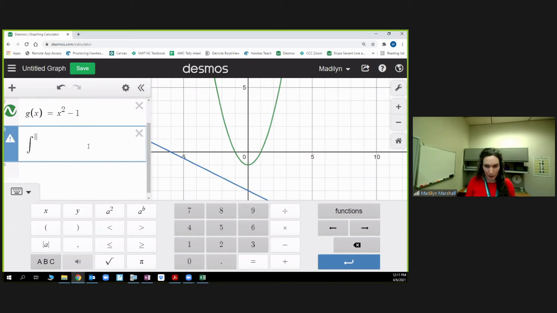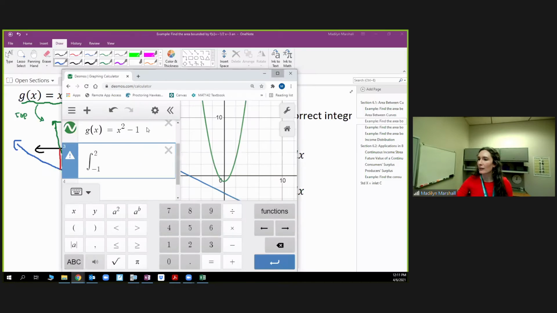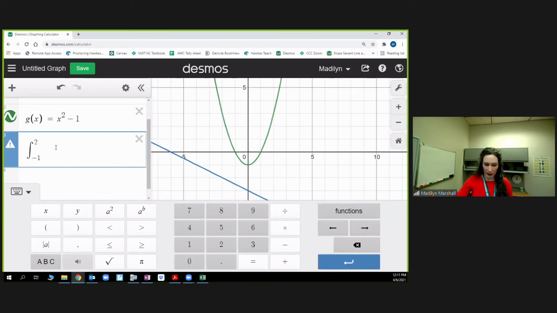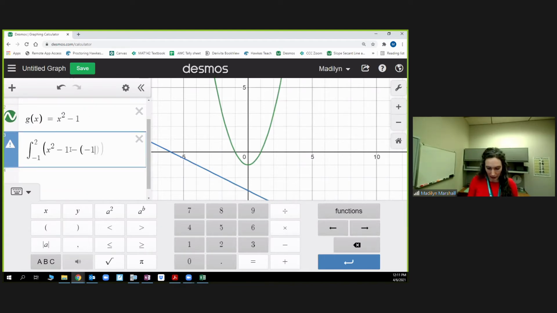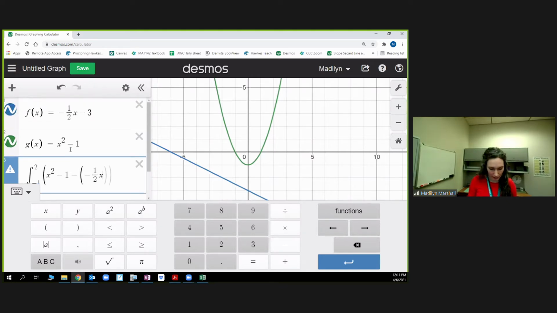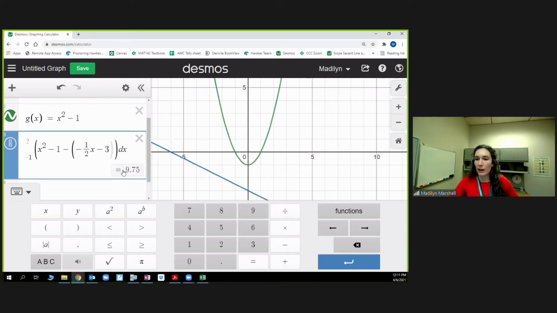So if we do integral from -1 to 2, and we are doing g, which is x squared minus 1, minus f, which was -1/2 x minus 3, dx, our result is 9.75.